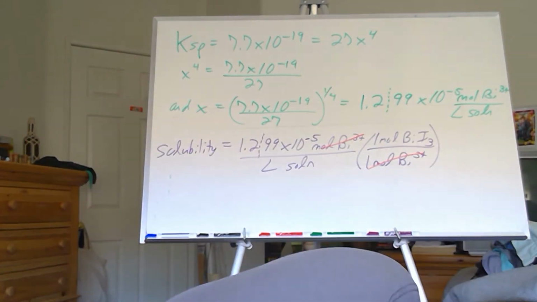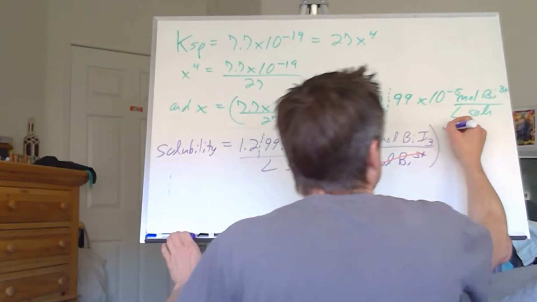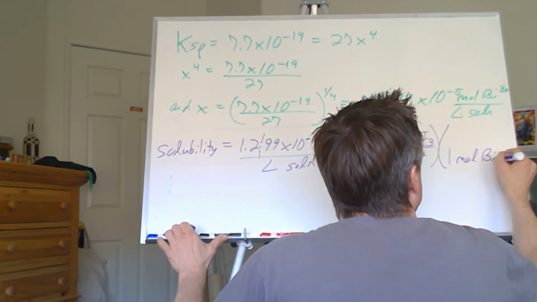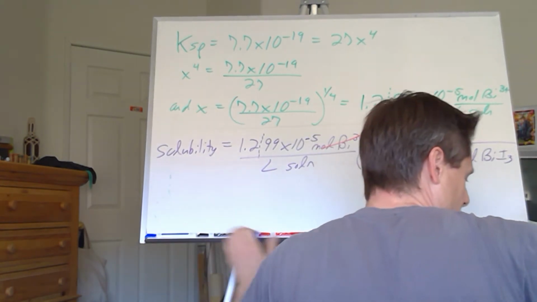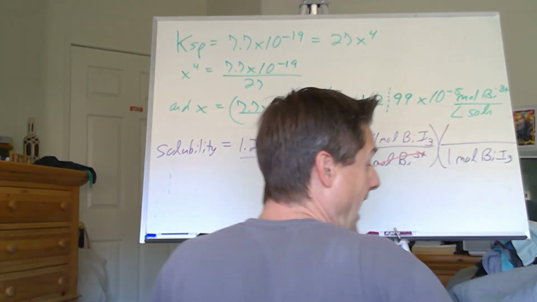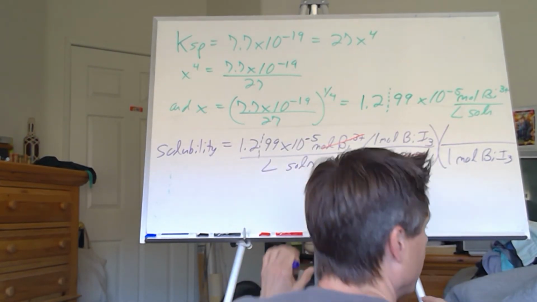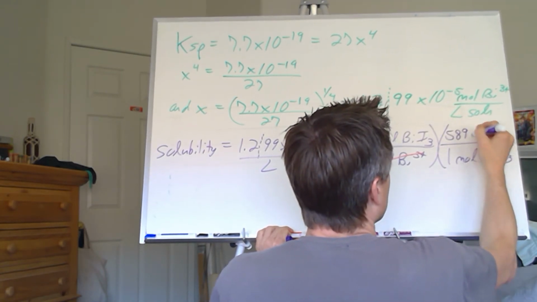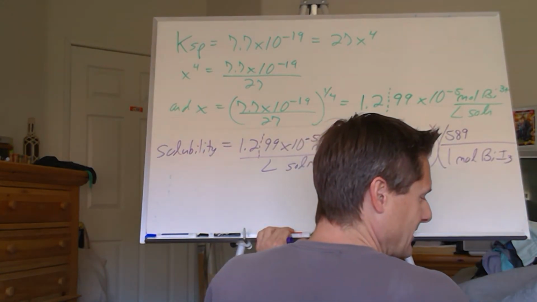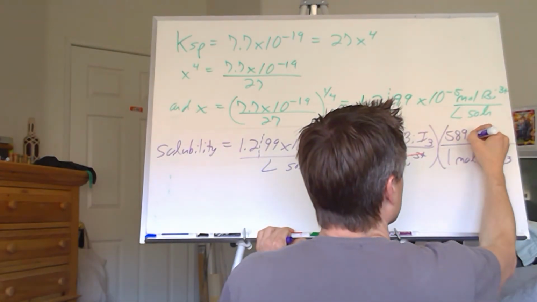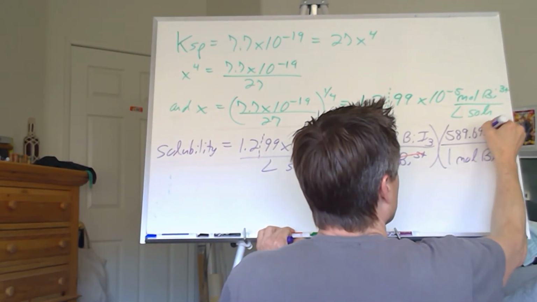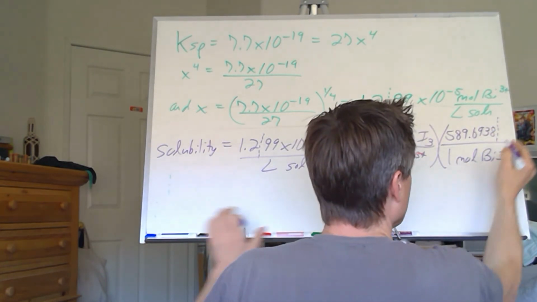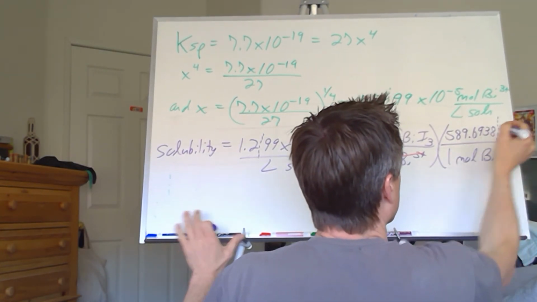Oh, where'd my pen go? So let me squish this in here. For every mole of bismuth iodide solid, I got a big number, because iodine's pretty heavy, right? So I got 589.693810 grams.